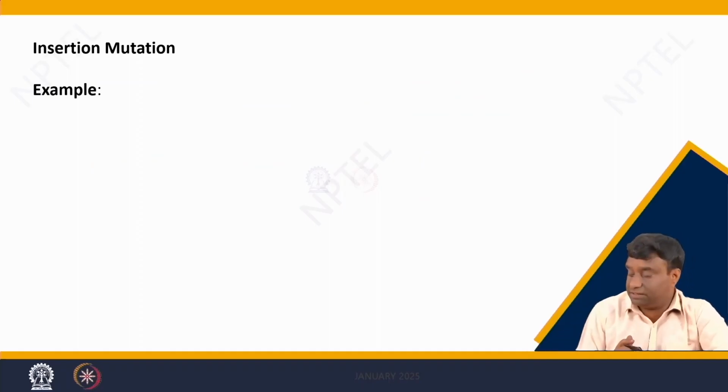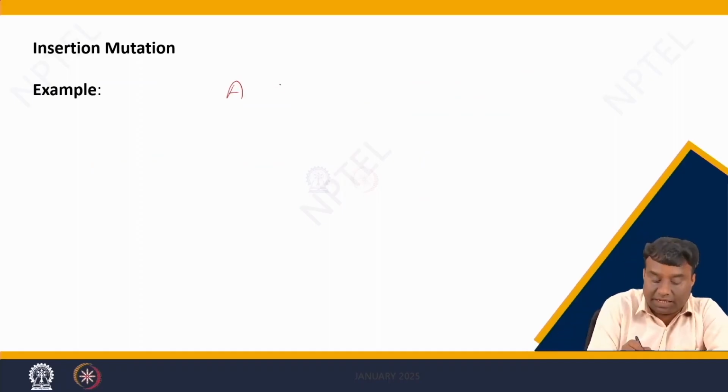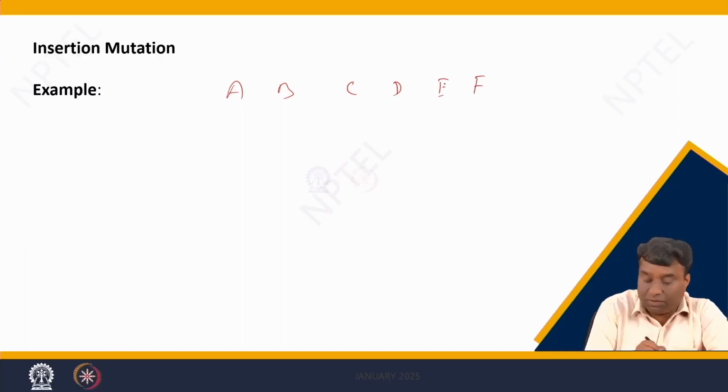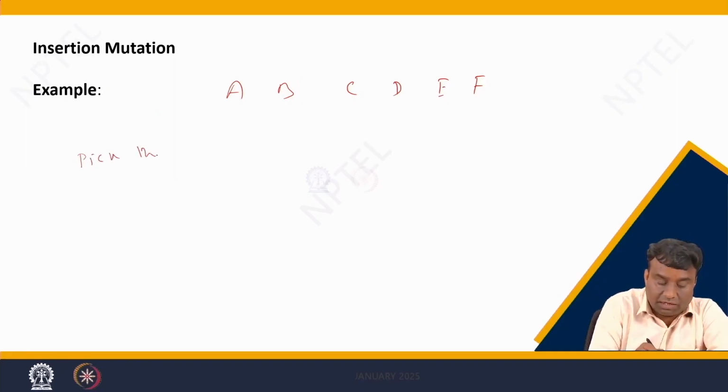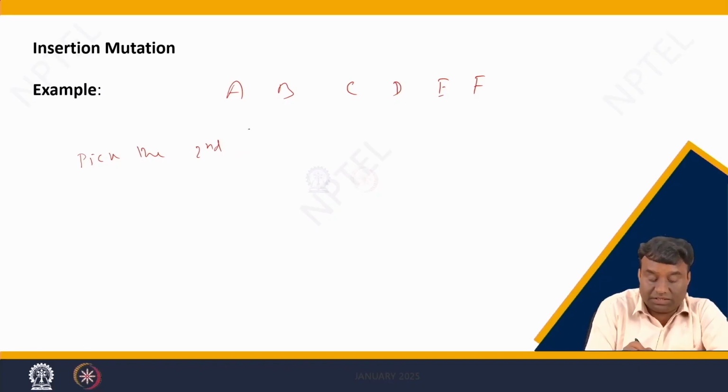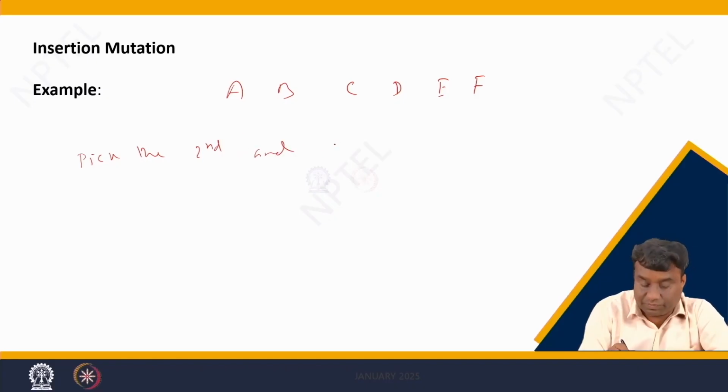Next is insertion mutation. So the offspring is A, B, C, D, E, F. Pick the second one and insert it, placing it in the fifth position.